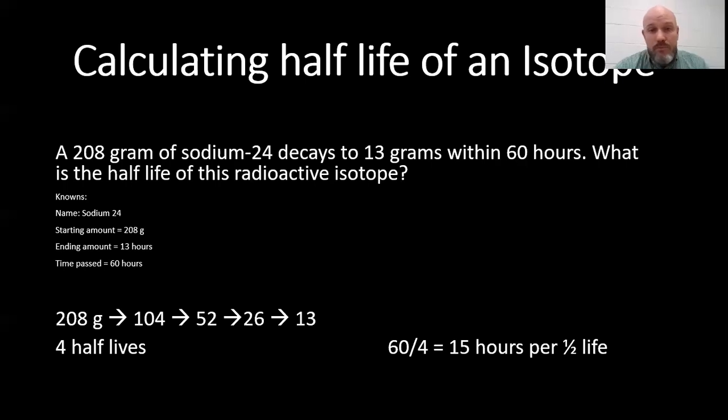Then what you do, go back to your problem. 60 hours have passed. So in 60 hours, we have had 4 half-lives. All you do, 60 divided by 4, and you get a half-life of 15 hours. So every 15 hours, this sample is going to have a half-life, which means that half of its original amount has undergone nuclear decay.